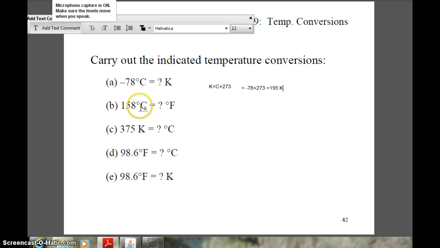If you wanted to go from Celsius to Fahrenheit, we had a relationship that Celsius is equal to 5 over 9 times (F minus 32).